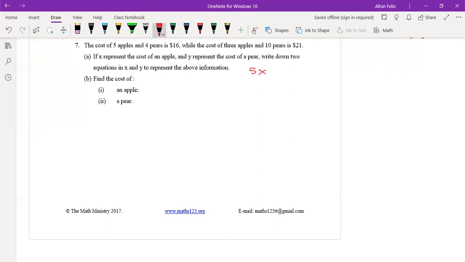So we're tackling this first part of the equation. Total cost of the pears will be 4 times Y, because Y is the cost of 1 pear. And the answer there is 16. And we do the same thing for the second part of the problem. 3 apples and 10 pears cost 21.